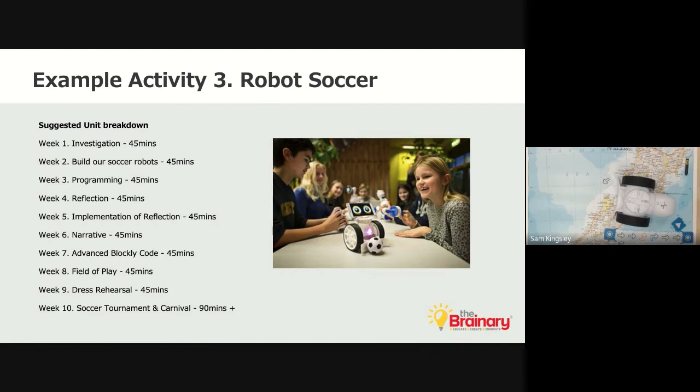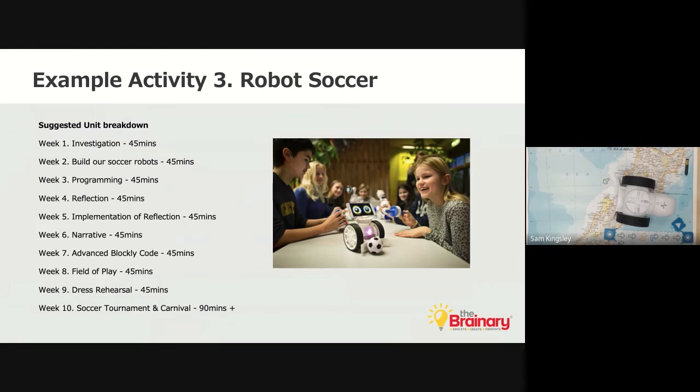Following on from that, we added in a sort of opportunity for English curriculum where we wanted the students to actually write their own story about a robot that wanted to be a soccer champion. So wanting them to think creatively about that and write about that.